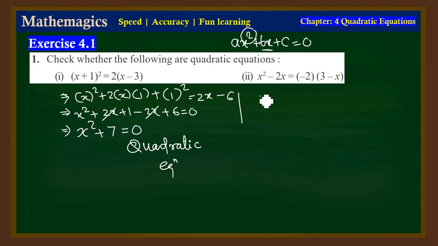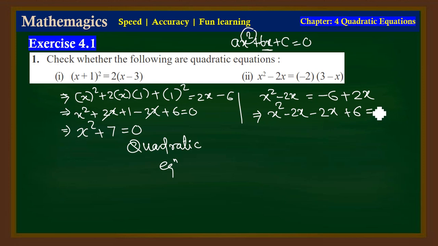So this is x square minus 2x is equal to minus 2 into x minus 3, that is minus 2x, and minus into minus becomes plus 6. Let us keep all this in the left hand side only. So that is going to be x square minus 2x, this plus 2x will come, again this becomes minus 2x, minus 6 will come, that will become plus 6, and finally nothing is remaining, that's why RHS is equal to 0.